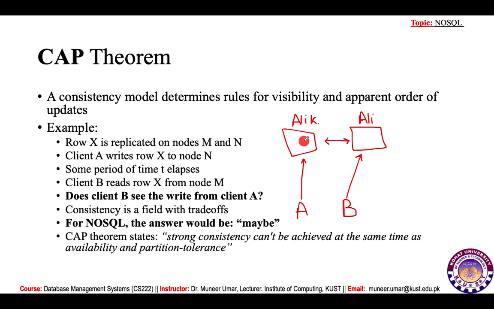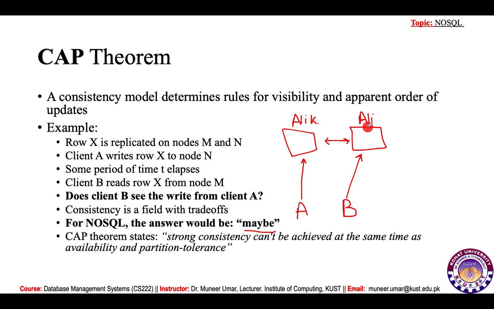Now this is a kind of trade-off between consistency and availability. For NoSQL, the answer would be maybe. Now it depends. If the priority is availability, then definitely B would see it as Ali, not Ali Khan.